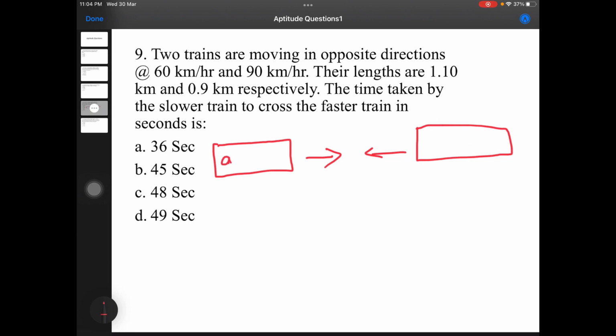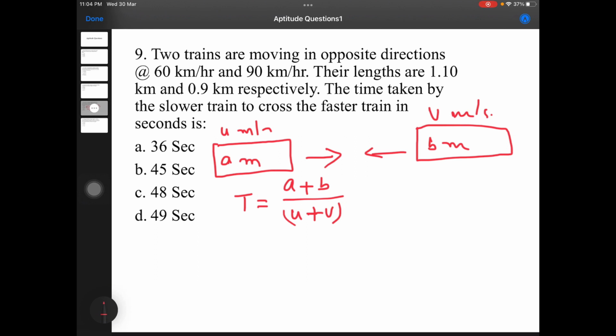So if a train of length a meter is traveling at the speed of u meter per second and another train of length b meter is traveling at the speed of v meter per second, then the time required for these trains to cross each other will be a plus b divided by u plus v.